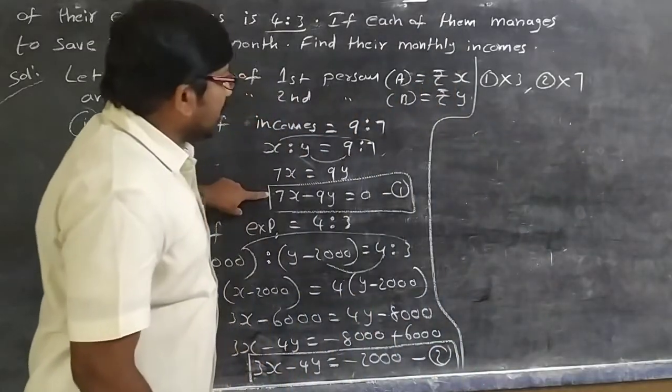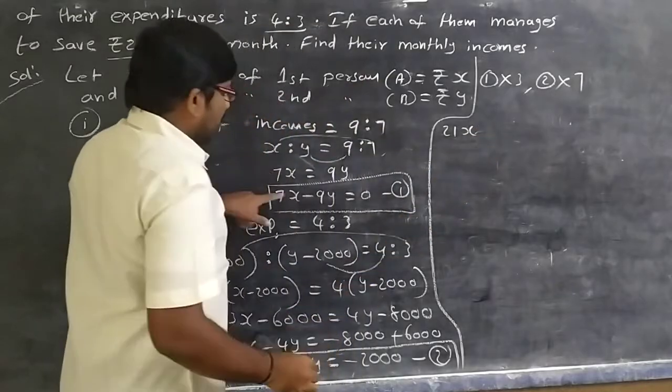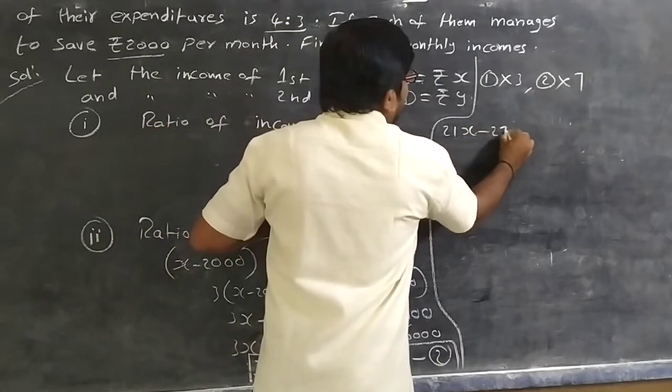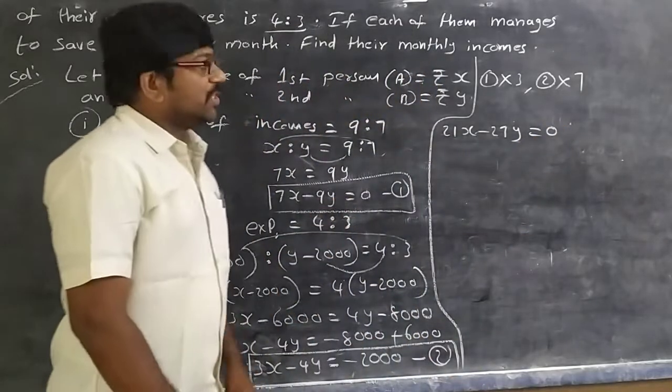Multiply equation 1 into 3. 3 sevens are 21x minus 3 nines are 27y is equal to 0, right? So completed.